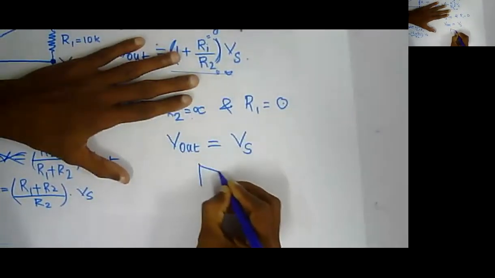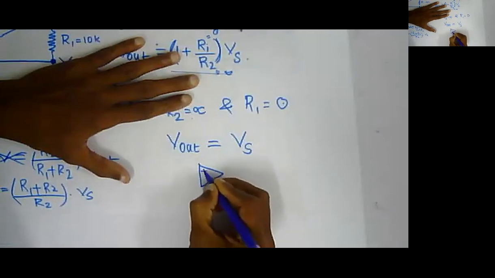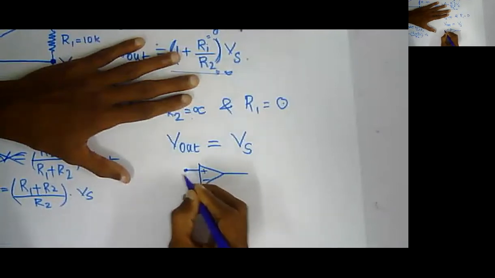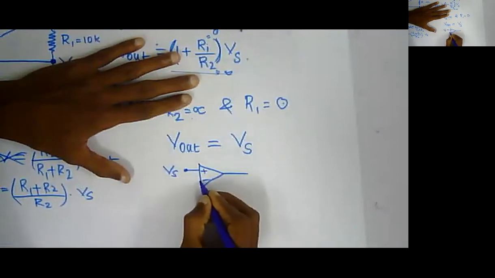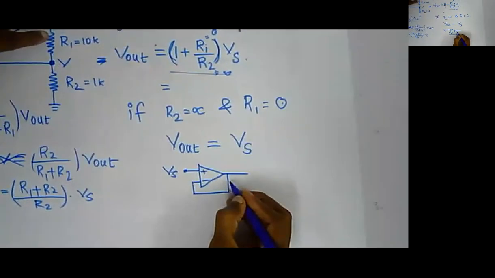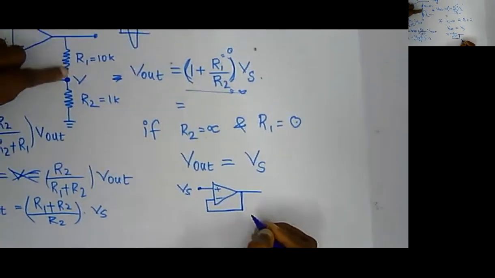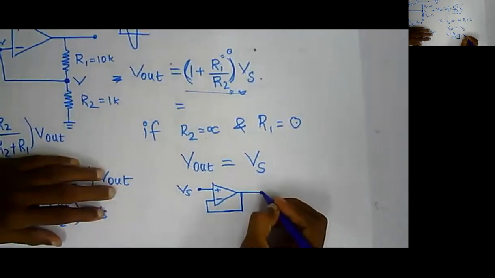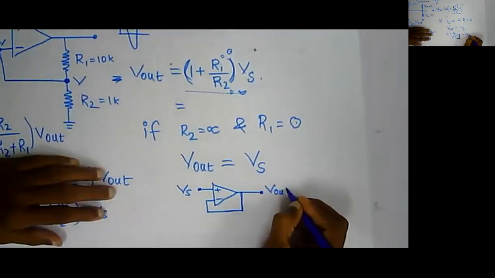It will be something like this, my plus, minus, this will be my Vs, and then this will be my plus, because R1 is 0. And R2 infinity means that is pulled off. This is my V out.